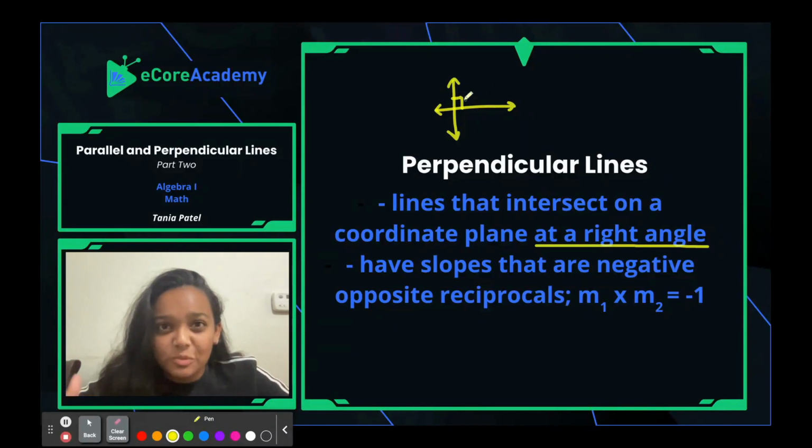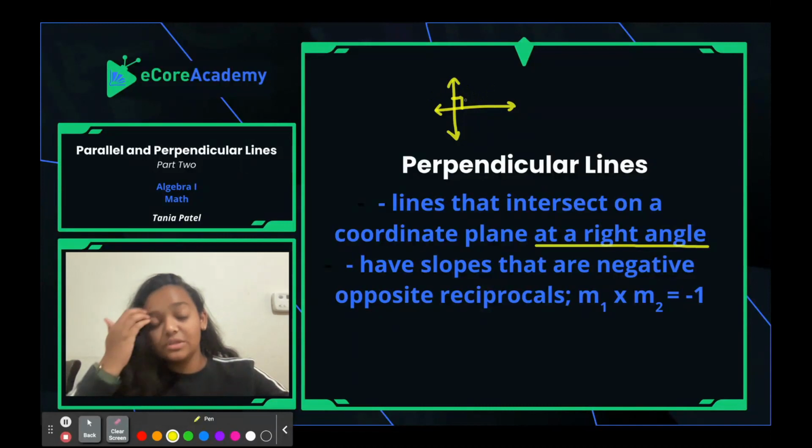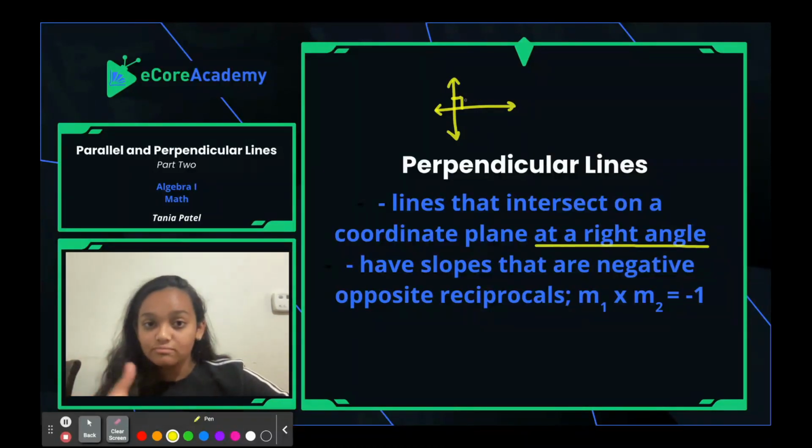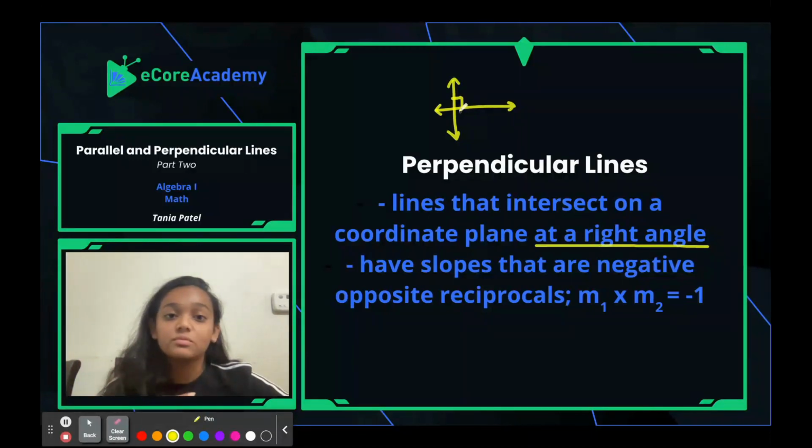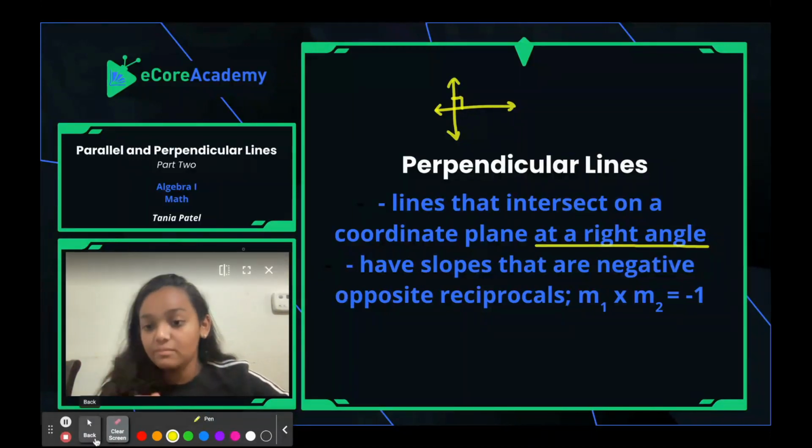That notation kind of just creates a square when connected to both of the lines. So that is another way to look out for it. Remember, it is always great to look at the slopes first to see if lines are perpendicular or parallel. But if you do not have the slope, look out for the notation. If you do not have the notation, nor do you have the slope, do not assume they're any of these lines.